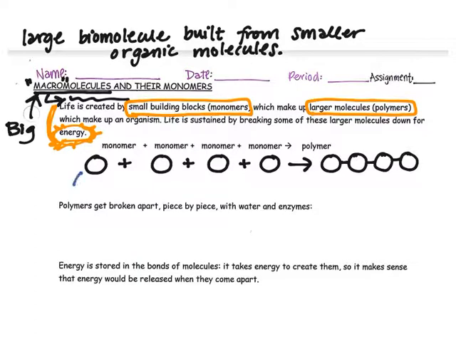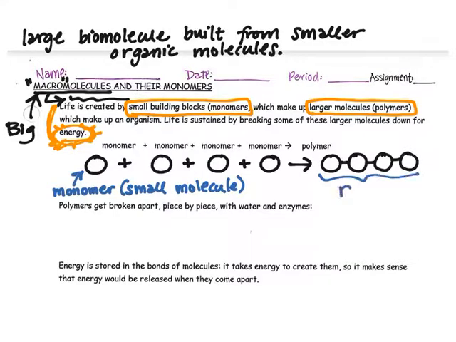Each of these little circles represents a monomer, right? Remember, a monomer is a small molecule, a small building block, and we are forming over here a polymer. Those are the monomers bonded together, or a chain of monomers.